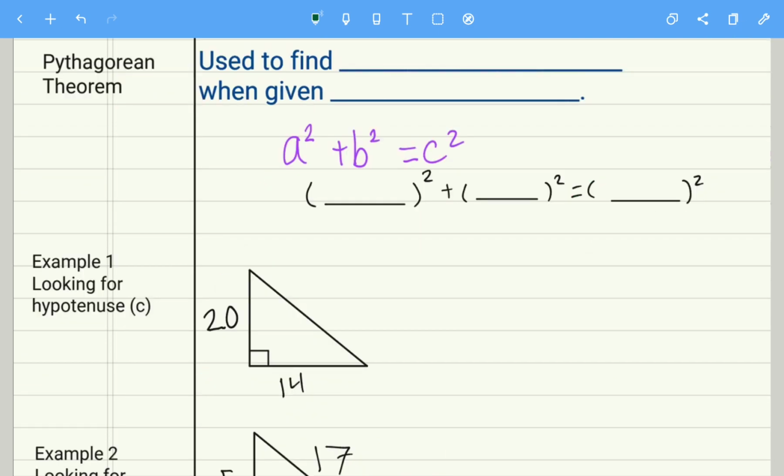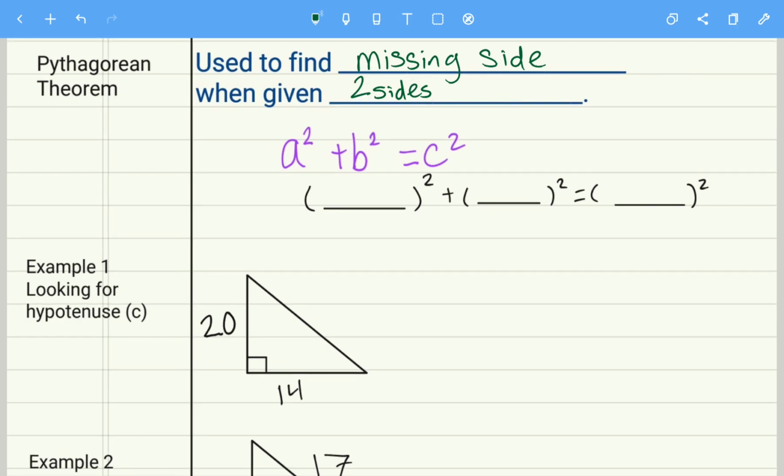So the Pythagorean theorem is used to find a missing side when you are given two sides. So if we are looking for a side and we have two sides, we can use the Pythagorean theorem, which is this formula right here. A squared plus b squared equals c squared.